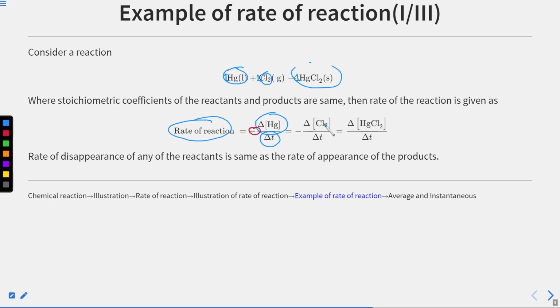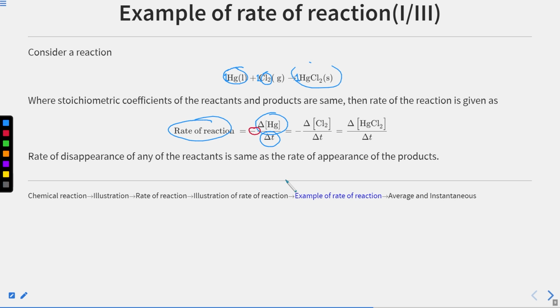Now I might ask: it is a gas, so why did we not consider the pressure rather than the concentration? I would suggest that sometimes it is convenient to use the pressure, but most of the time in this chapter you will see the concentration term. For some reactions, or some derivations, we would invoke pressure, but for now just consider the concentration.